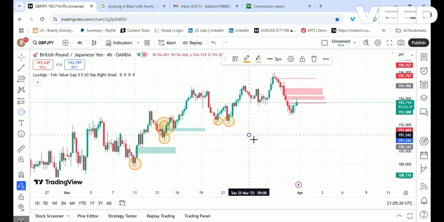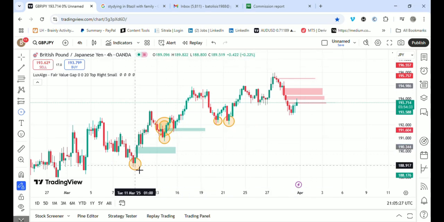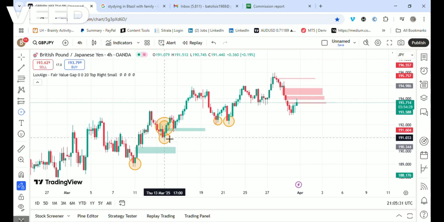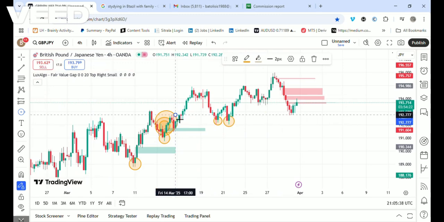So at this point, this is a low. Yes, this is the beginning of the low of the uptrend. This is another low. These other ones here are not lows. I'm trying to delete them, but I don't know why they are misbehaving.